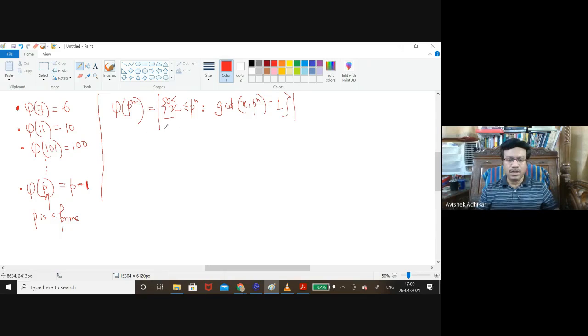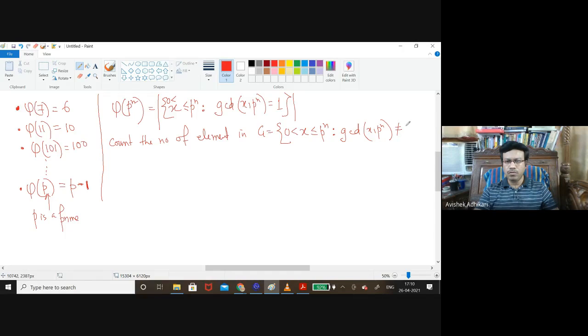So let's take it another way. I want to count the number of elements in the set G equal to x with 0 less than x less than or equal to p to the power n, such that GCD of x and p to the power n is not equal to 1.